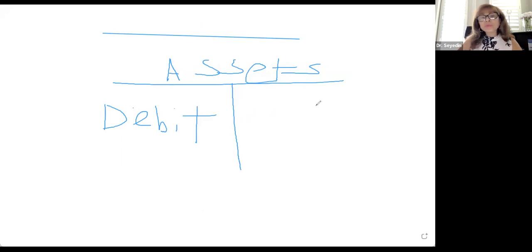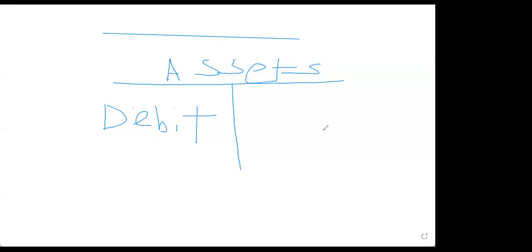And guess what the right side is called, everyone? What do we call that? Remember we said in chapter 2, the main focus is on debits and credits. Thank you, May.